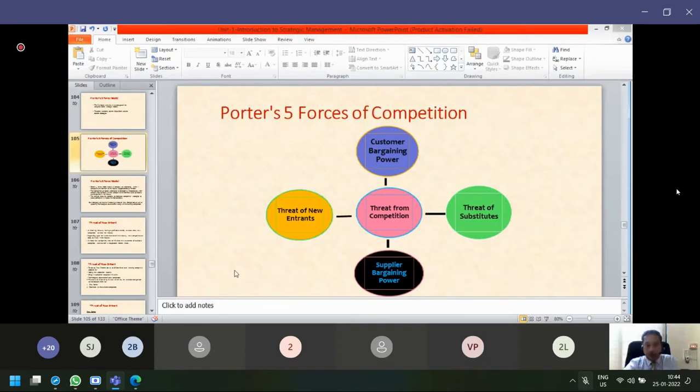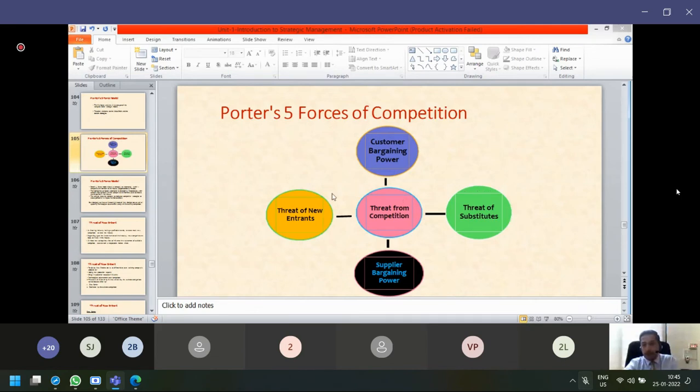These 5 forces are represented diagrammatically in this given diagram. Are you able to see this diagram? Yes, sir. So you can see there are 5 forces given in this diagram. On the horizontal plane, he has suggested 3 different forces: threat of new entrants, threat from the competition or the existing rivals, and threat of substitutes.